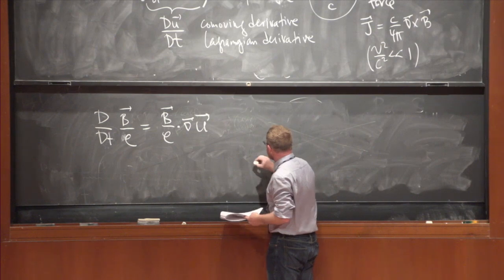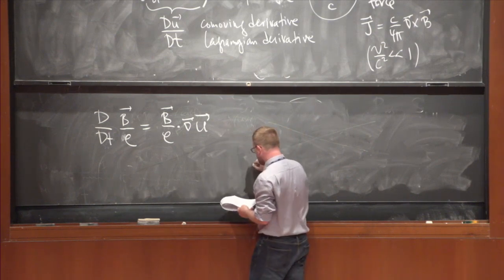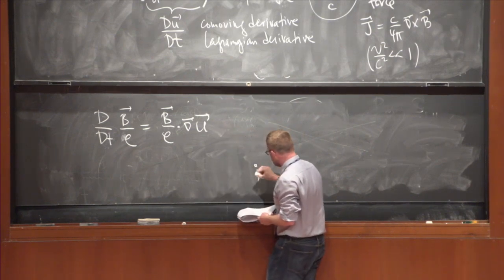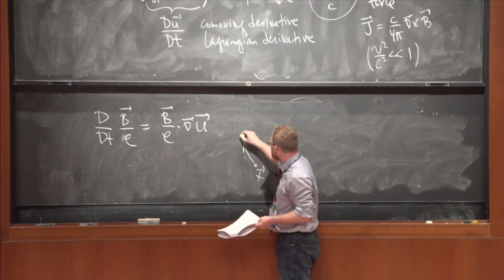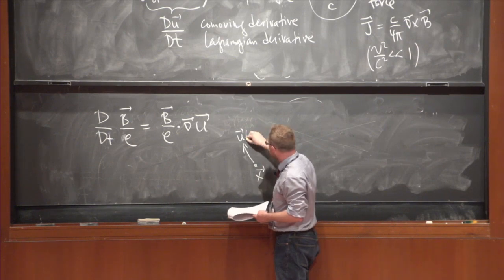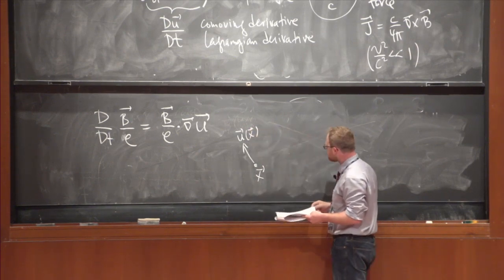And that might not mean too much to you if you haven't seen it before, but what you can show is that if you have some point x, which characterizes a fluid element, and that point is moving with some velocity u.